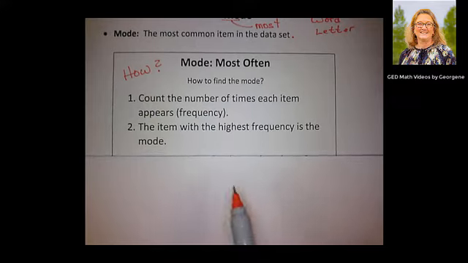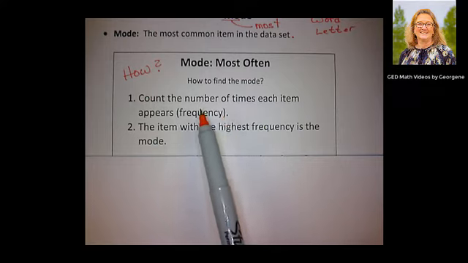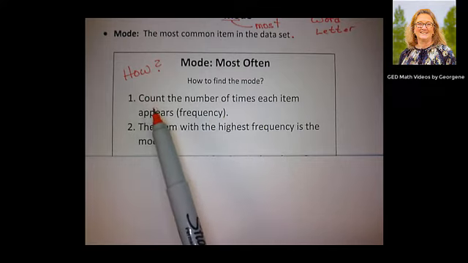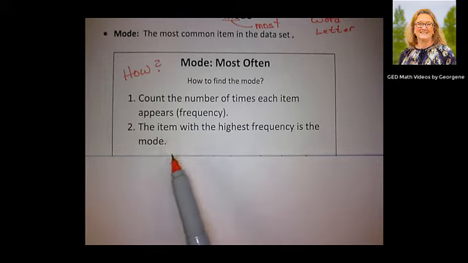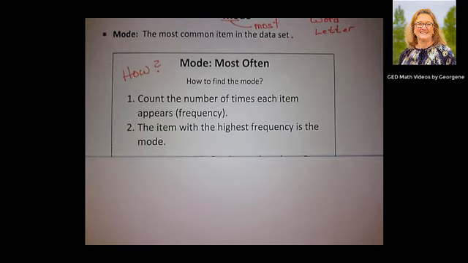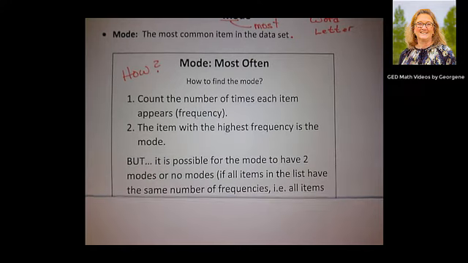You want to count the number of times each item appears, and that's called a frequency. So if something appears 3 times, then the frequency is 3. The item with the highest frequency is the mode. That's really how to find the mode.